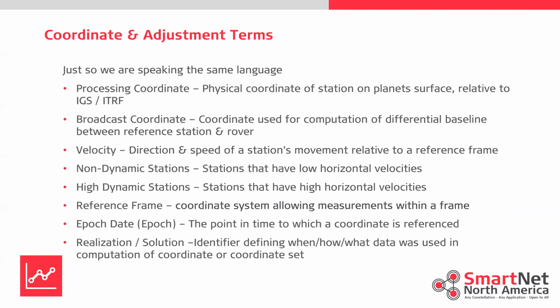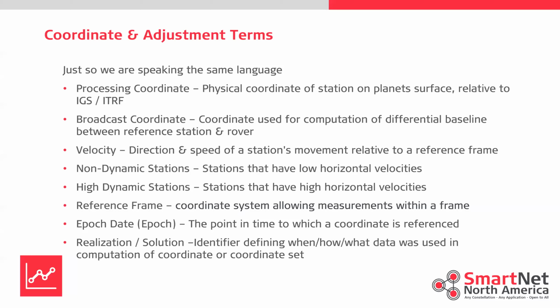Realization or solution. This is an identifier of when, how, and what data was used in the computation of a coordinate or a coordinate set. So this gets a little bit more murky when you've got a reference frame, an epoch date, and a realization or a solution.